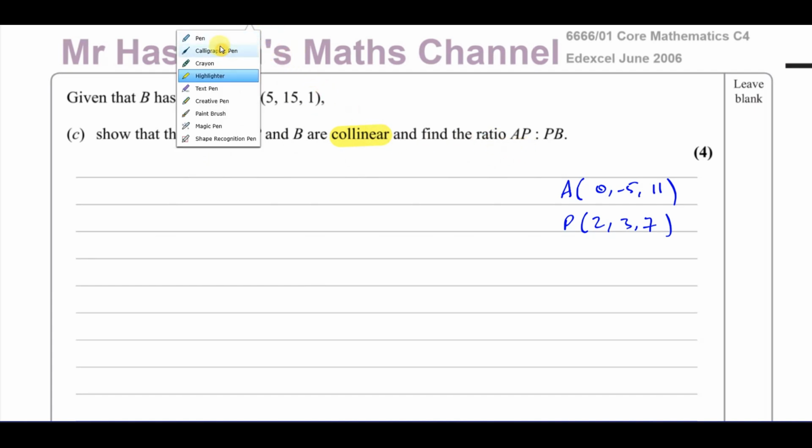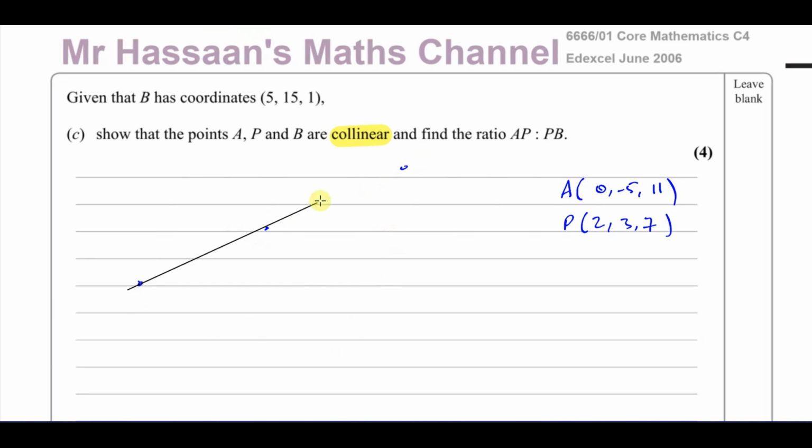Okay, so now, when you have lines which are collinear, that means they're on the same straight line. So A, P, and B, if they're collinear, they would lie on the same line. Okay, that they would definitely lie on the same straight line. So how can I prove that points are collinear?